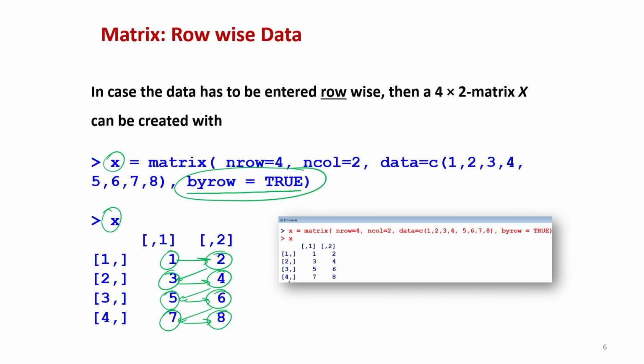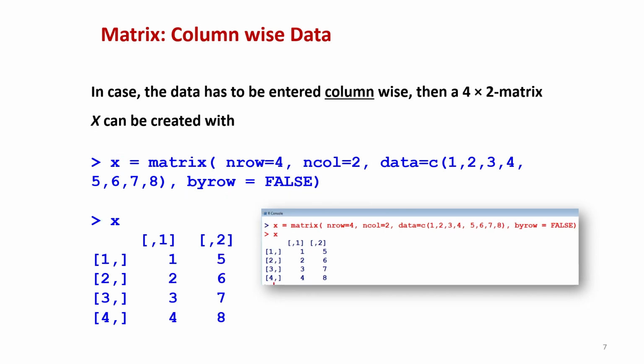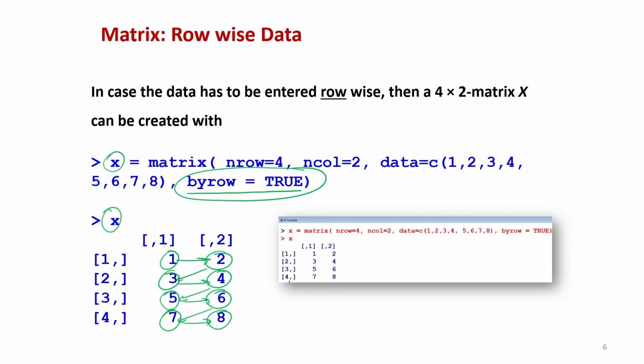So you can see that by using the option by row is equal to true, you can enter the data row wise also, right? This is another way of entering the data. I just want to show you that by adding by row equal to true, we have got the row wise data.